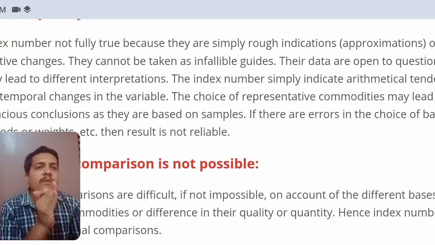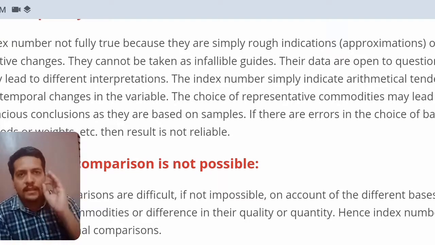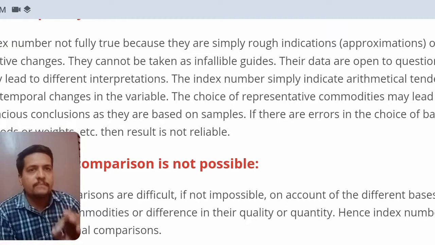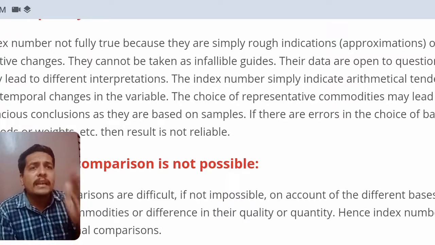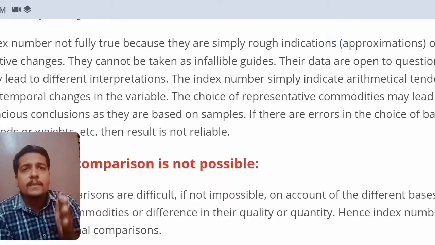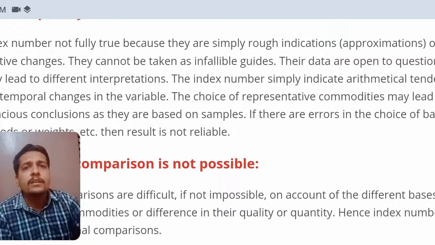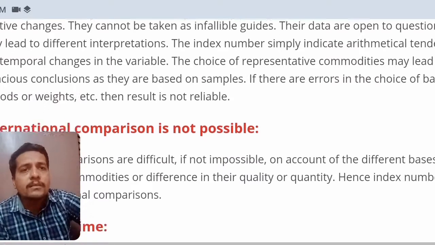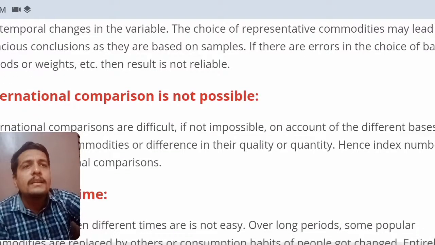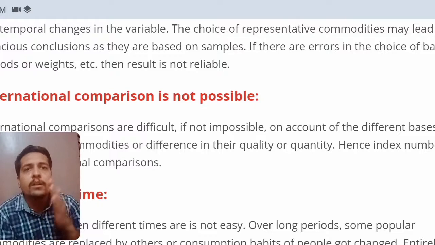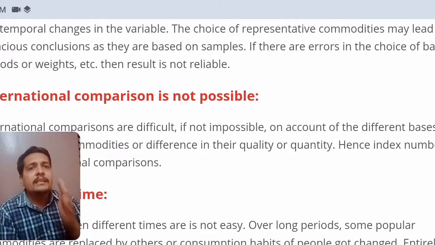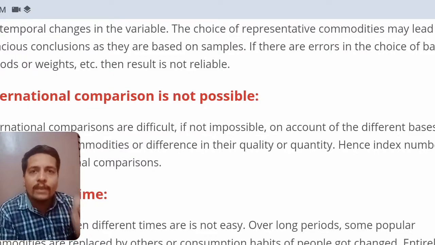Their data are open to question and they lead to different interpretations. The index number simply indicates the arithmetic tendency of the temporal change in a variable. The choice of representative commodities may lead to fallacious conclusions as they are based on a sample. If there are errors in the choice of base period or weight etc., then the result is not reliable.